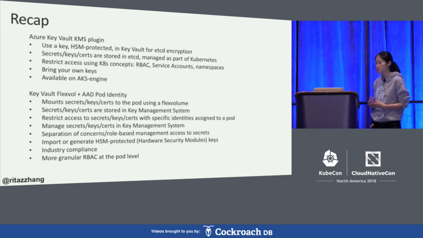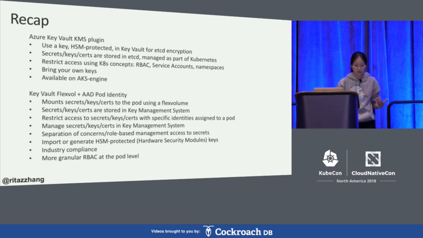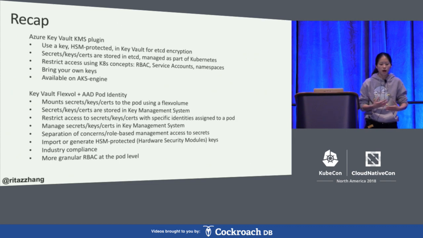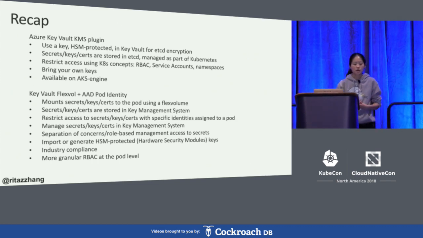What this does is it still allows you to manage your secrets, keys, and certs stored in etcd, and you restrict the access of those objects in etcd with RBAC, service account, and namespaces, things that you are already familiar with. But the difference here is it allows you to bring your own keys.